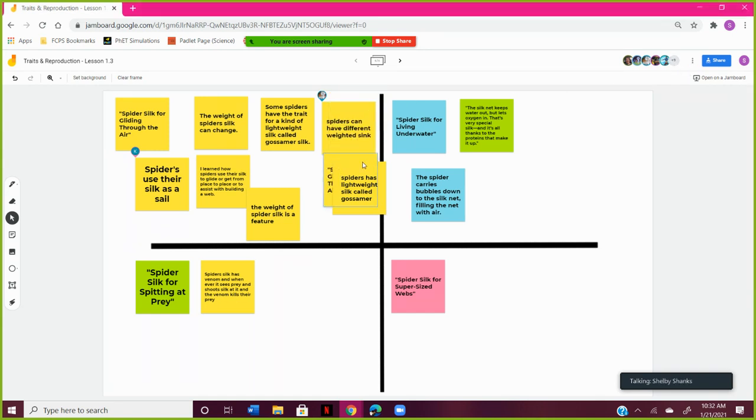All right, so if you have not read the article, you need to make sure that you read it and then that you are adding to our Jamboard. All right, so who is this? Somebody read the supersized webs. So super webs are made from incredibly strong silk and can stretch across large spaces.